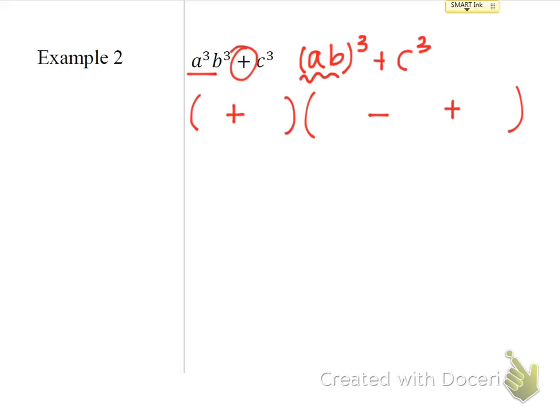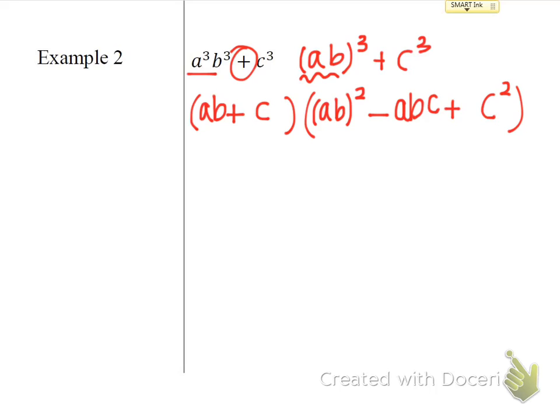The small parentheses is always just the bases, so ab plus c. My larger parentheses, the first blank is the base squared, so that's ab squared. The last blank is the second base squared, so that's c squared. And then the middle is all of them multiplied together, so that's a times b times c.